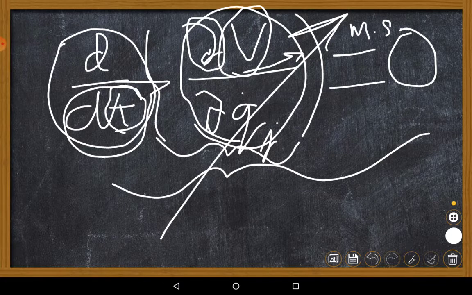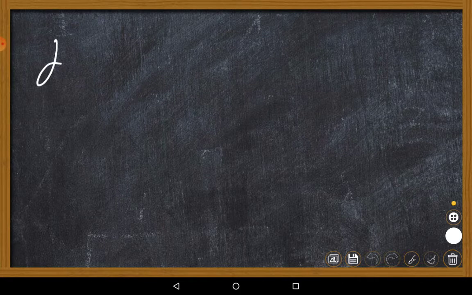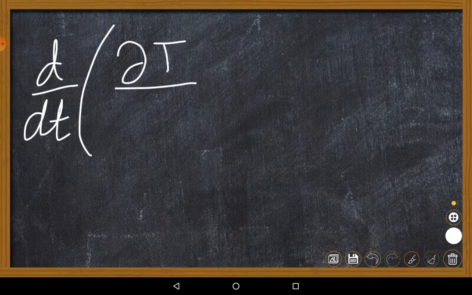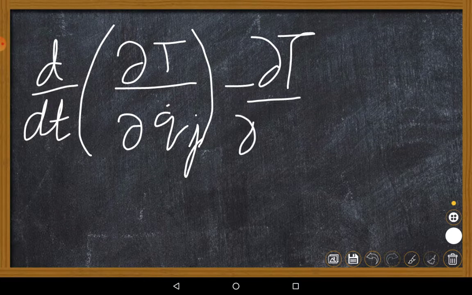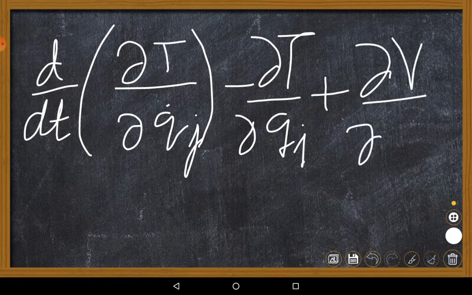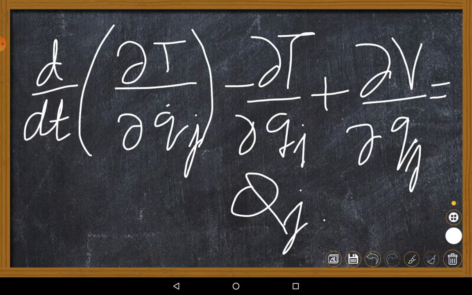So what does that mean? So our equation turns out to be d by dt of del T by del q dot j, minus d by dt of del v by del q dot j, that got eliminated for mechanical systems only, and we are getting this. This is equal to Qj.